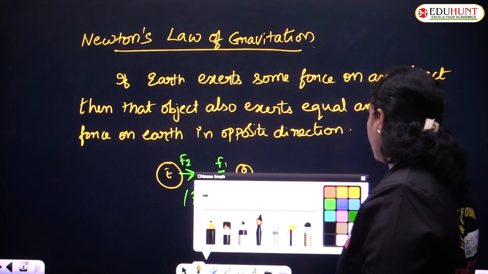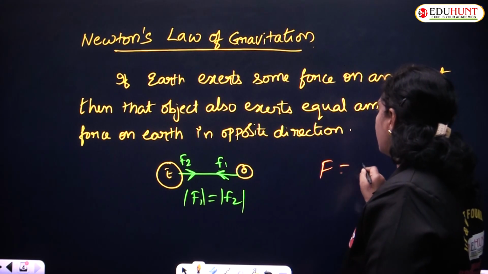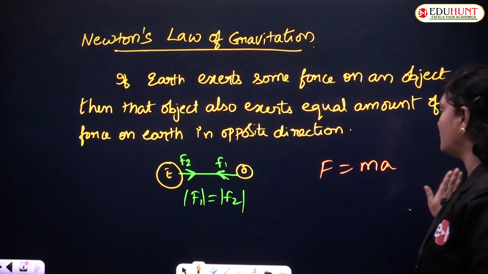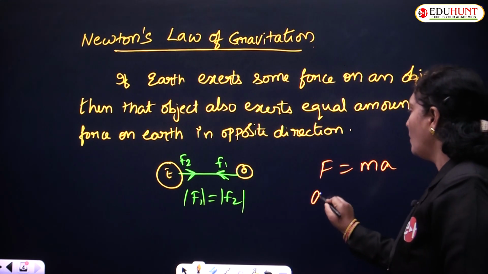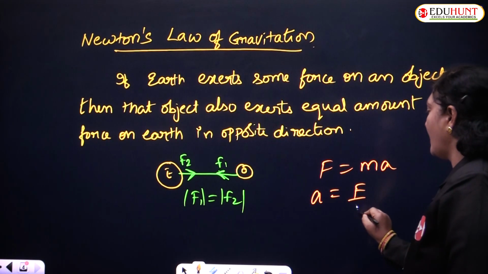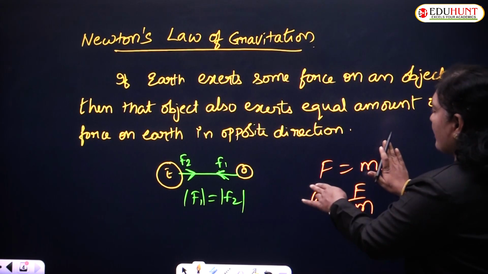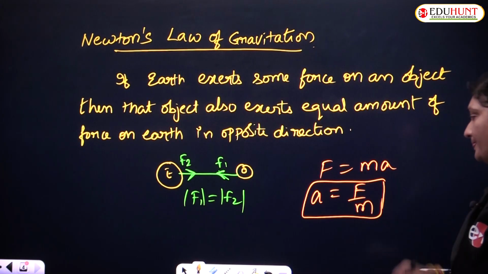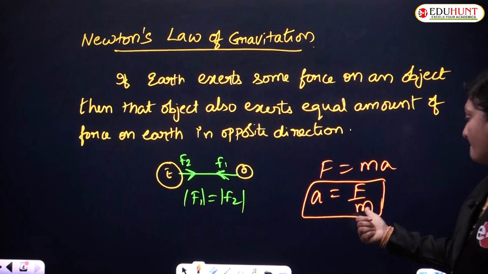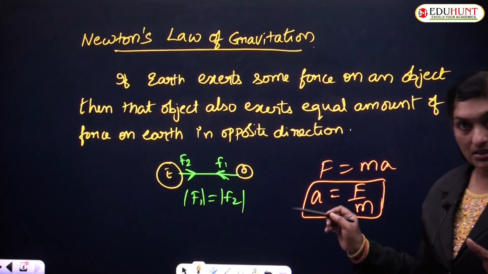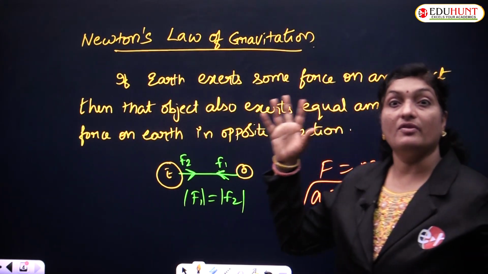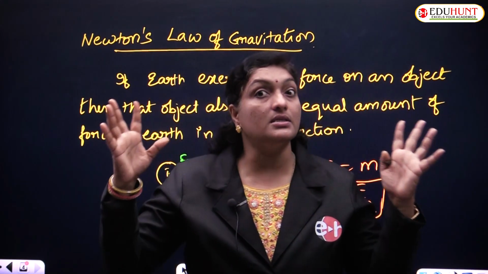According to Newton's second law, we know that F is equals to ma, children. A can be written, taking M to the other side, as A is equals to F by M. If you consider Earth, the mass of Earth is very large.